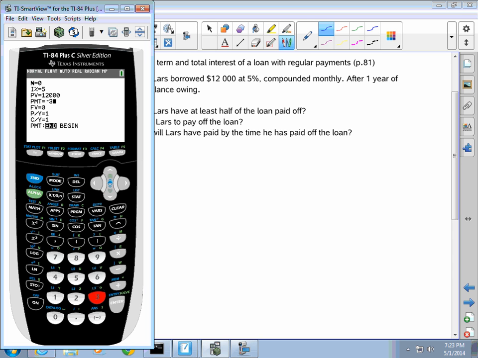Payments are coming out of his money, so negative 350, 12 payments per year, and 12 compounds per year. So if I go back up to N, hit alpha, enter, you get 37.07.